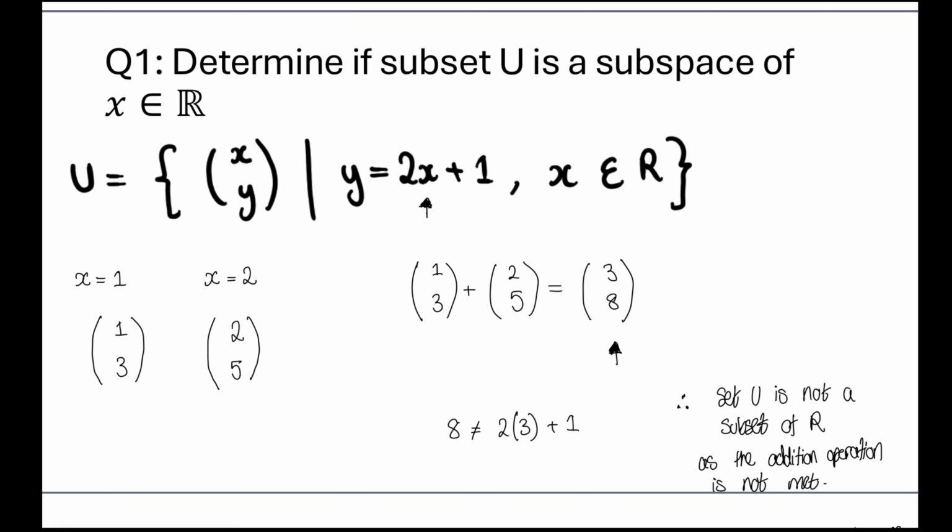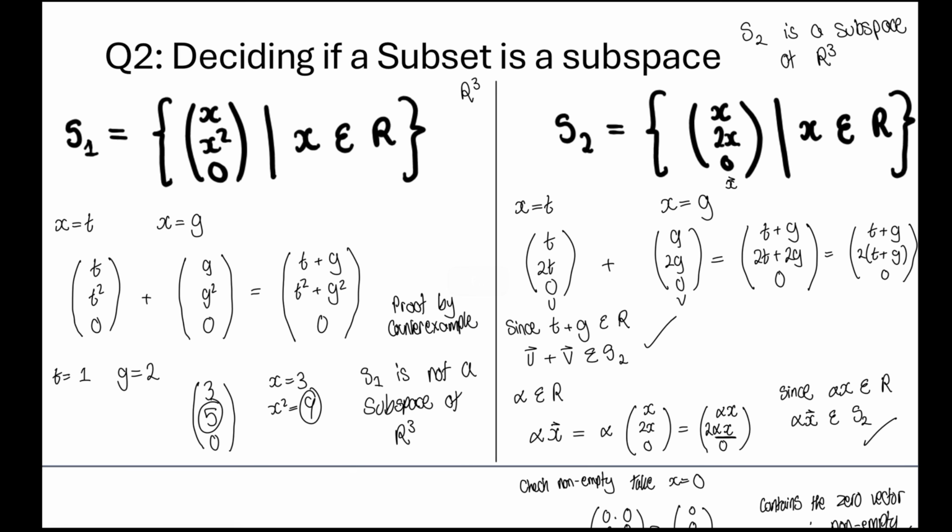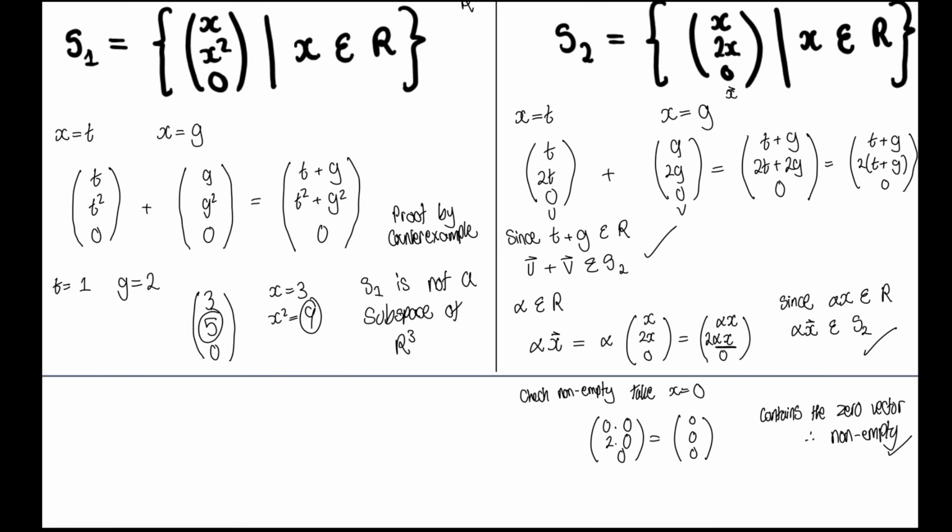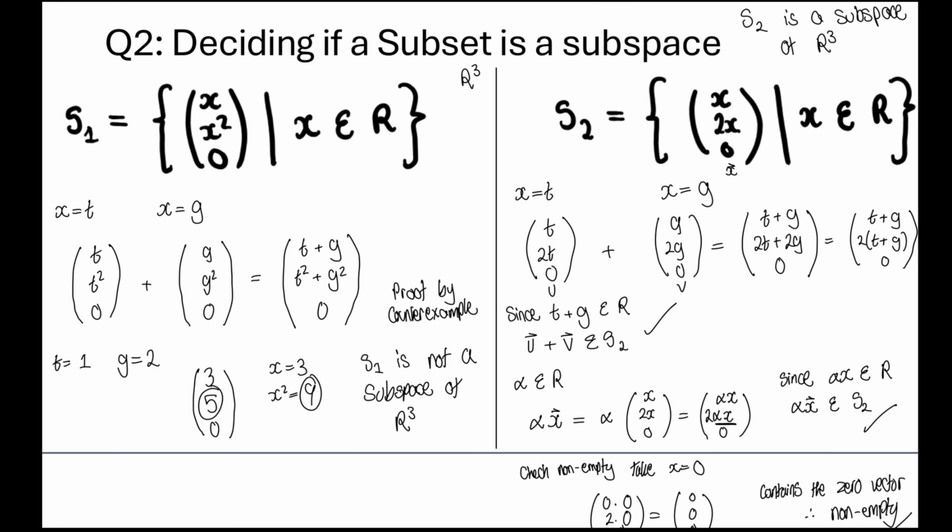So in order to prove that a subset is not a subspace, we can just use a counterexample. But to prove that a subset is a subspace, we need to prove the scalar multiplication rule, the addition rule, and check if the subset is not empty, as we did over here.